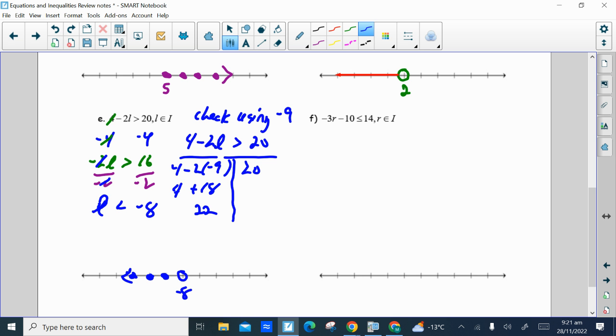For the last one, I would start by adding 10 to both sides. That gives us the negative 3r by itself on the left. On the right, 14 plus 10 is 24. Whoops, I put an equal sign there, and it should be a less than or equal to sign.